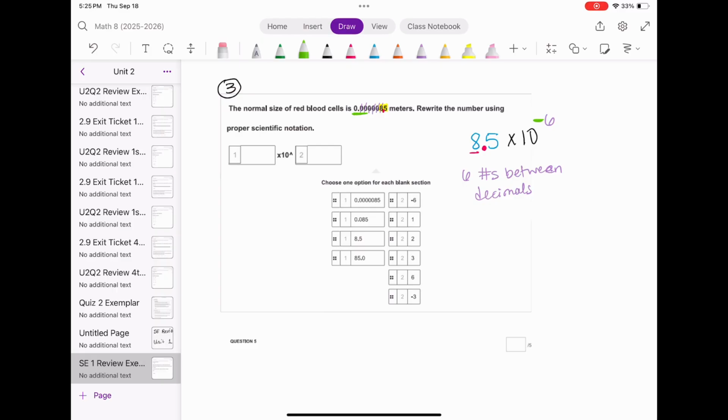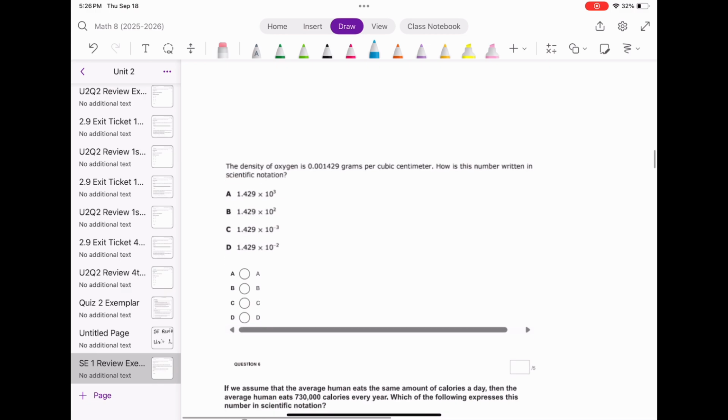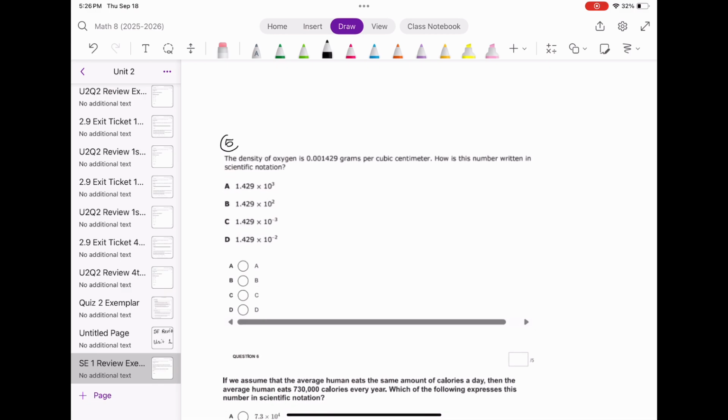So remember the rule that if the standard number starts with 0, in scientific notation, that exponent is going to be negative. So then the answer for this is 8.5 times 10 to the negative 6. You can try this example on your own and come back to check your work in the exemplar.